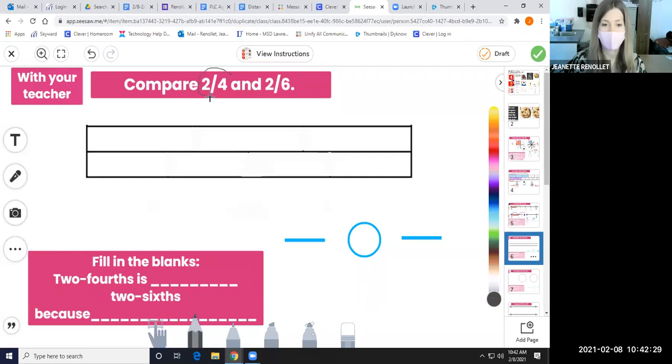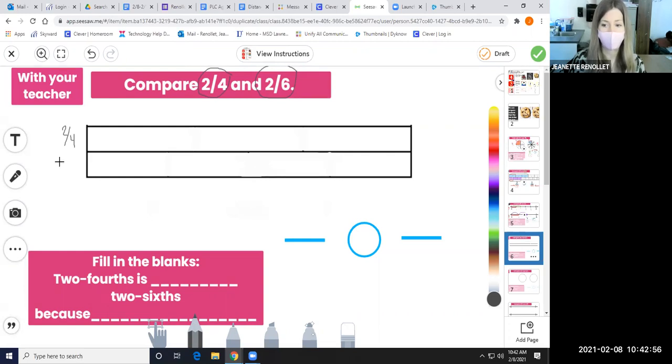I am comparing 2/4 and 2/6. The first thing I want to do is decide which model is going to represent which fraction. On the top, I'm going to show 2/4, so I'm going to label it 2/4.